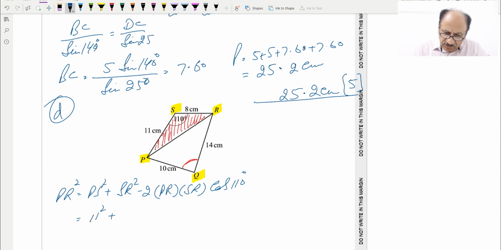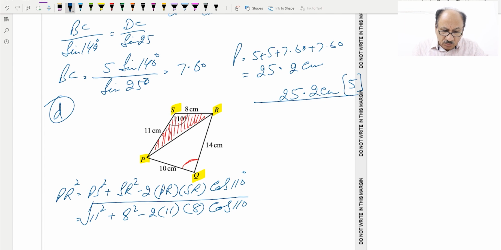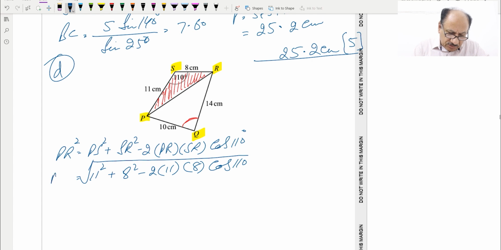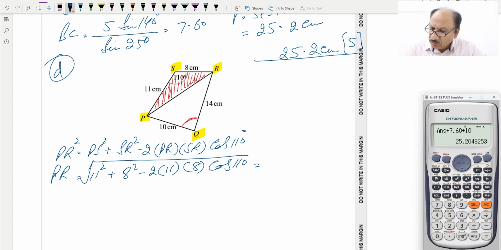11 square plus SR will be 8, so 8 square minus 2 into 11 into 8, hopefully you are understanding. And cos of 110. If you are facing difficulty in answering these types of questions, you need to practice the sine rule and cosine rule, for which I have uploaded separate videos also. So this side will be PR, and this one we can use a calculator to solve.